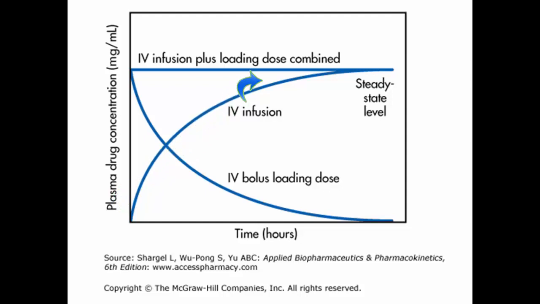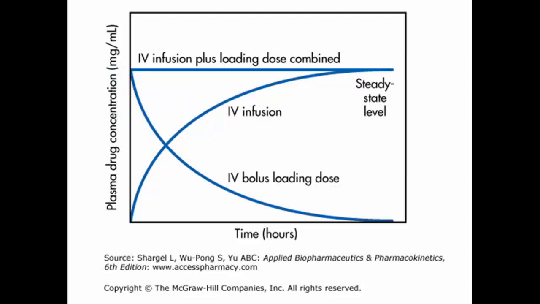And as I said before, that will take about 4 to 5 half-lives, in this case 32 hours, to reach those steady state levels. Therefore, we need a loading dose that will put you at the 20 milligram per liter mark from time 0. After you give that loading dose, you continue with the constant rate of infusion, or the maintenance dose.